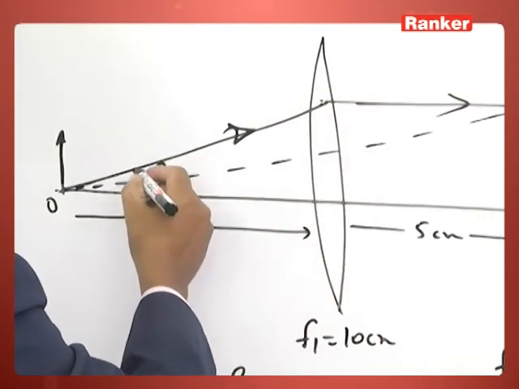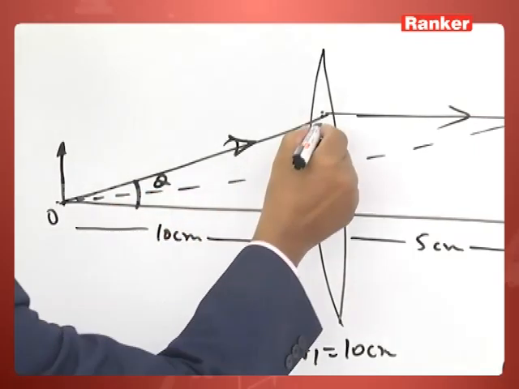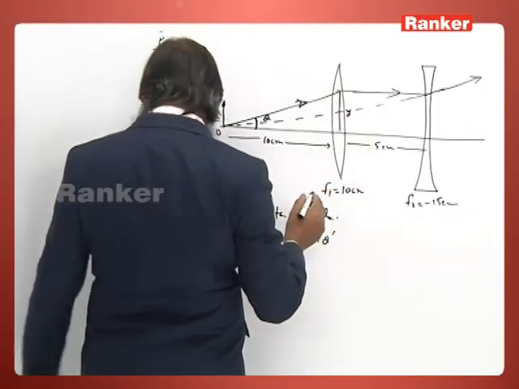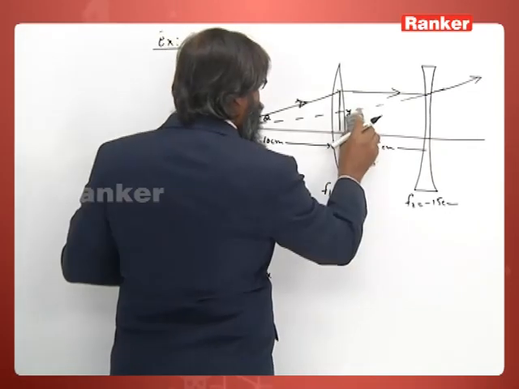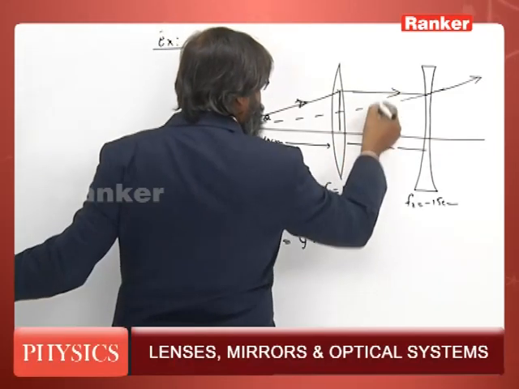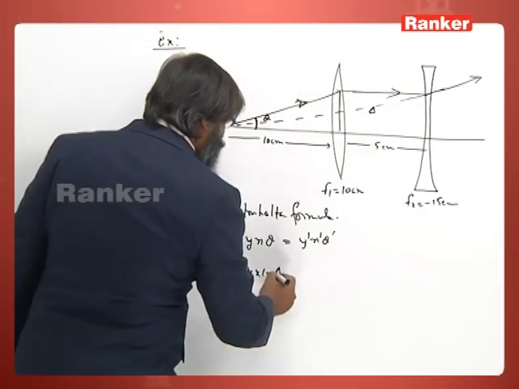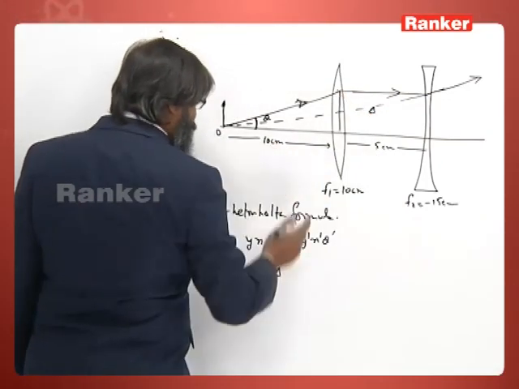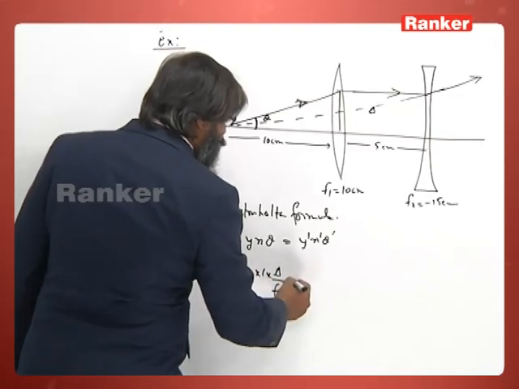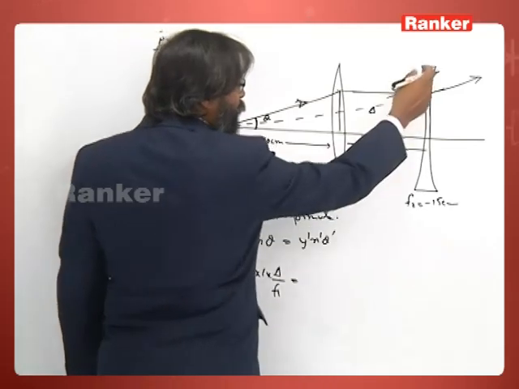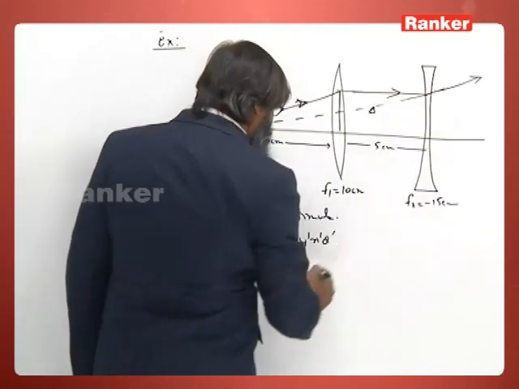So this theta will be, suppose I say this distance is y, or let us call it delta. This distance is delta. Delta by F1 is equal to y dash. Suppose the image height formed after this is y dash.